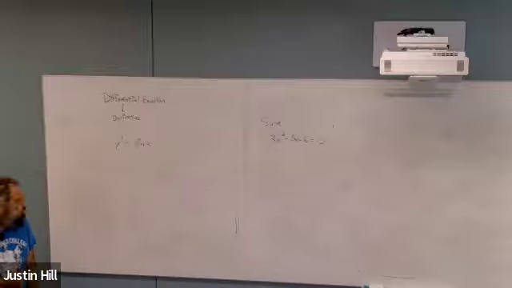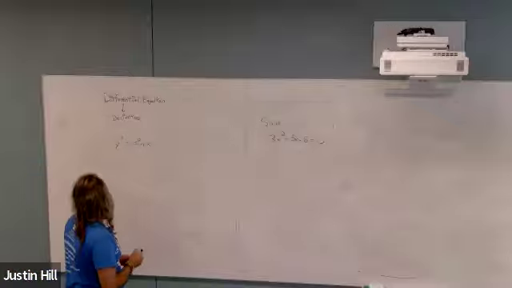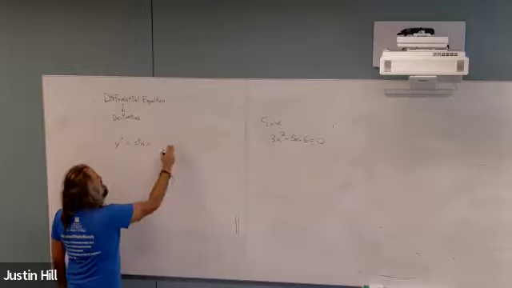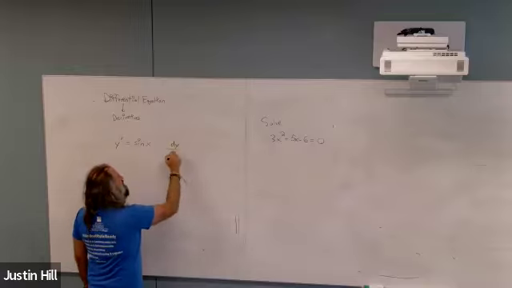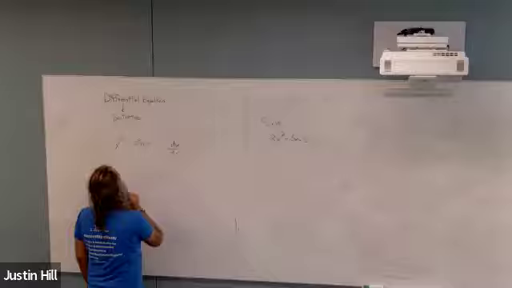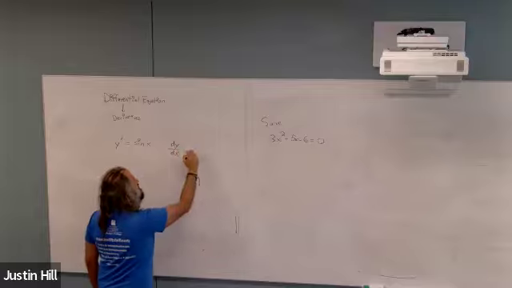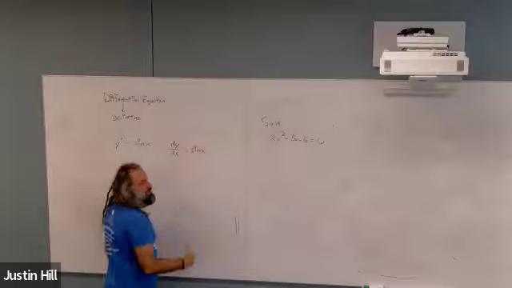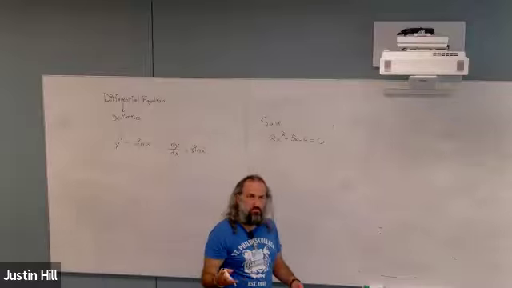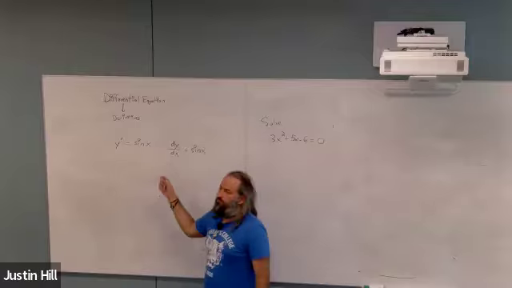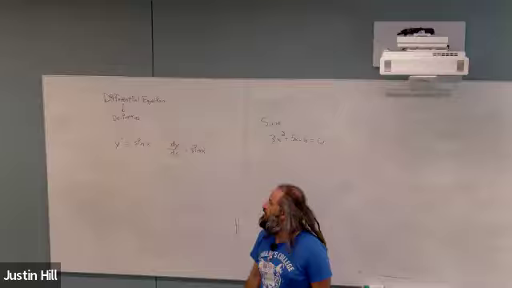I want you to remember from your Cal 1 and Cal 2 classes that you could also write y prime as dy dx. This book does a pretty good job of splitting the middle. You'll see some problems written in the prime notation, and you'll see some written in the dy dx notation.